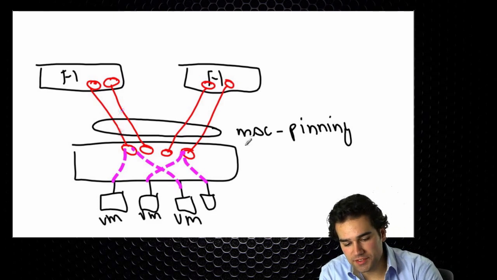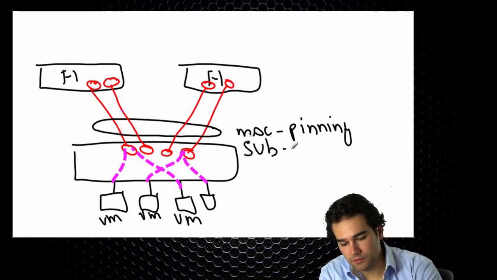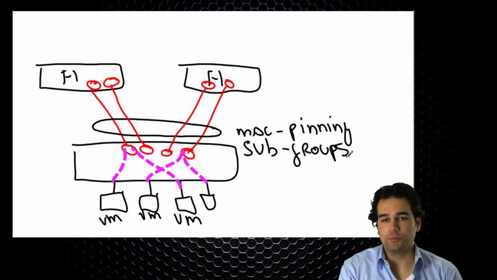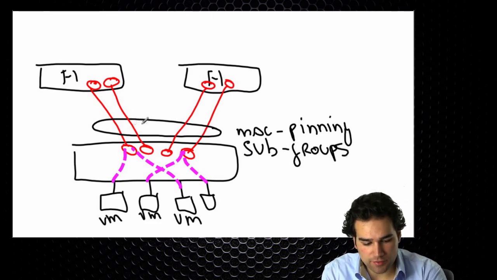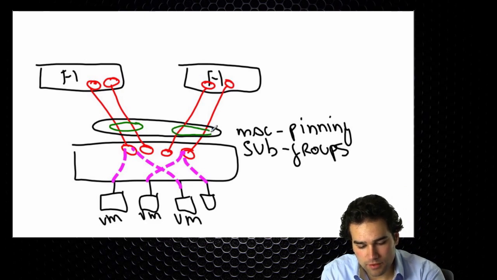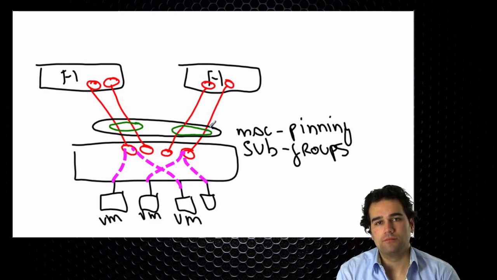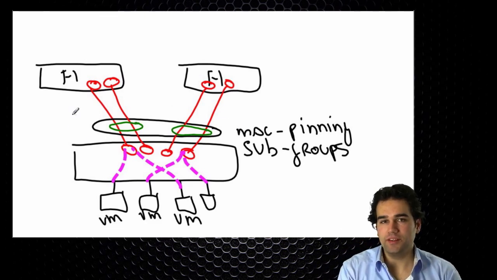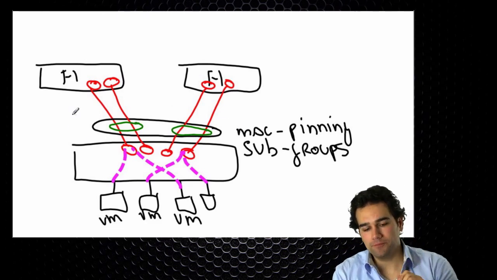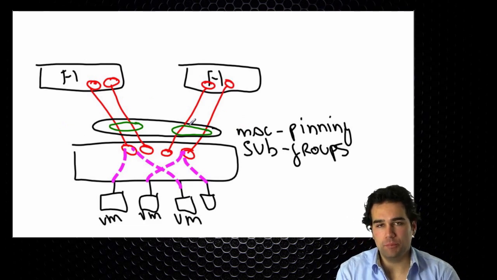So what I can do here, this is not called MAC pinning. This is called something called subgroups. I can do subgroups. And what subgroups are is that subgroups create mini port channels within a bigger port channel. So I just create a big port channel interface, and underwater I will have mini port channels called subgroups.